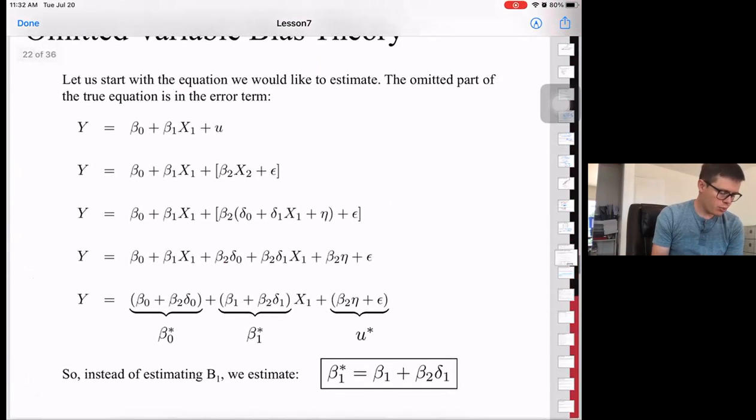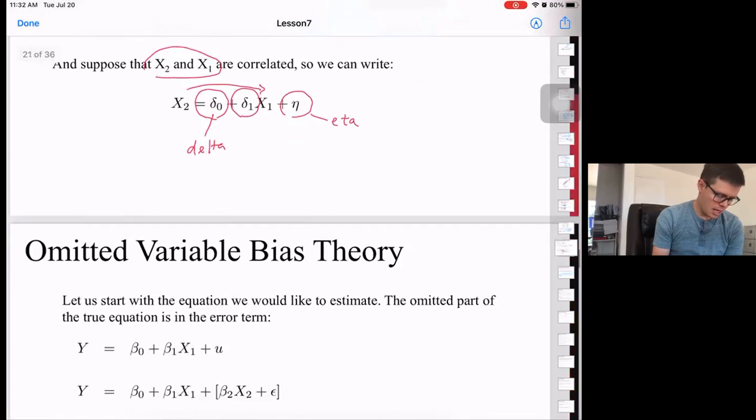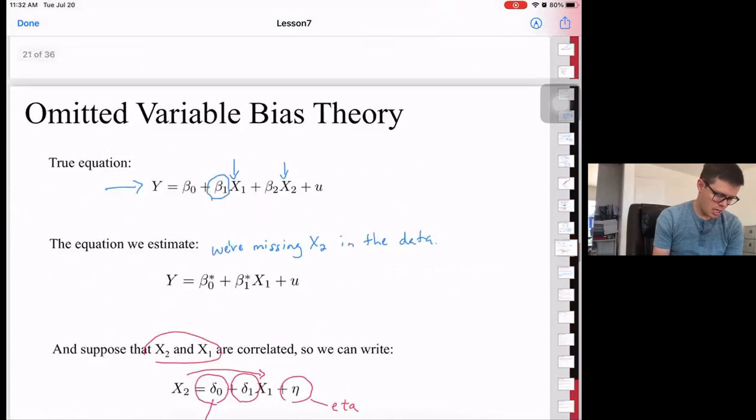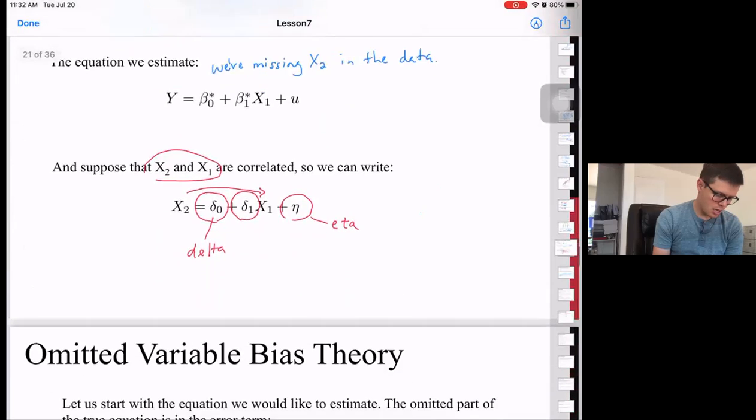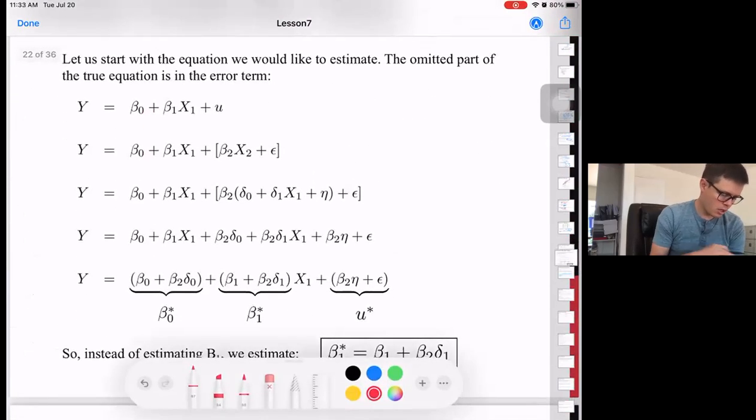So this is pretty cool. Remember that we're only able to estimate this regression here because we don't have x2.